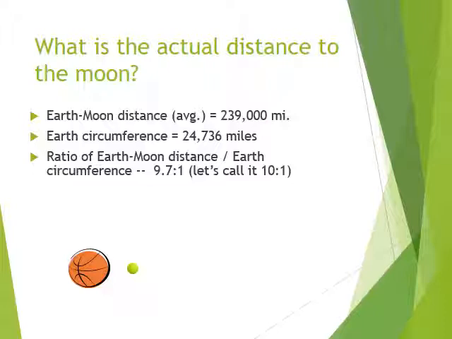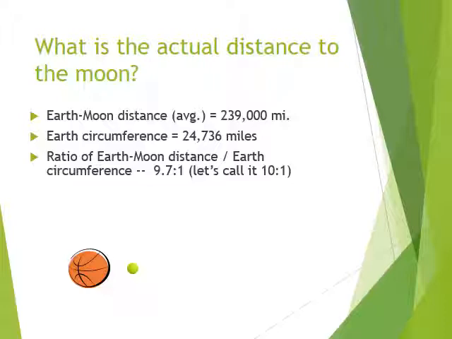It's about 10-to-1. So can you imagine we take a string and we wrap the basketball. Remember, the basketball is the Earth. If we wrap it with a string, we're essentially figuring out the circumference. So we know that the separation between the Earth and the Moon has to be 10 times greater than the distance around the Earth one time.